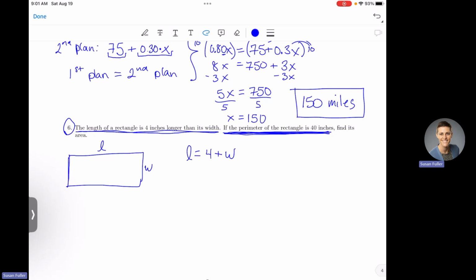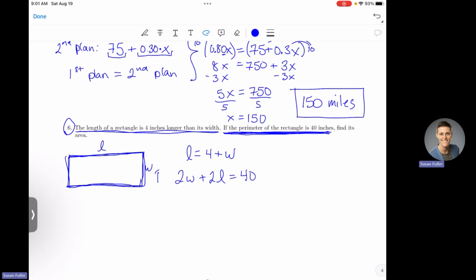Perimeter is the length of all of the sides together. So if I were to find the perimeter of a rectangle, I would take the length plus a width plus another length plus another width. So together that's going to be 2 W's plus 2 L's is going to give me the perimeter, which is 40 inches.